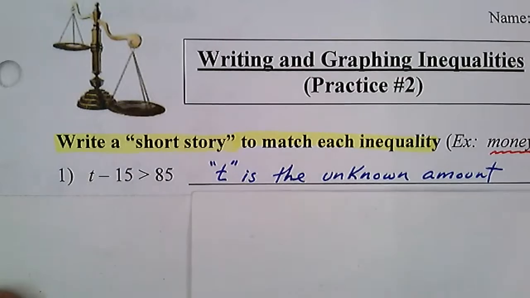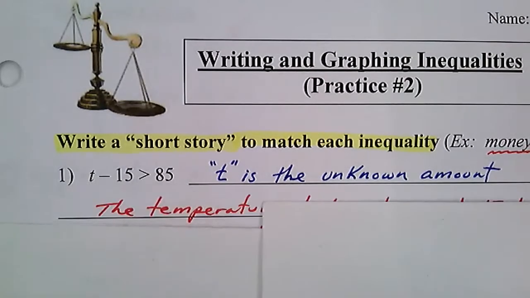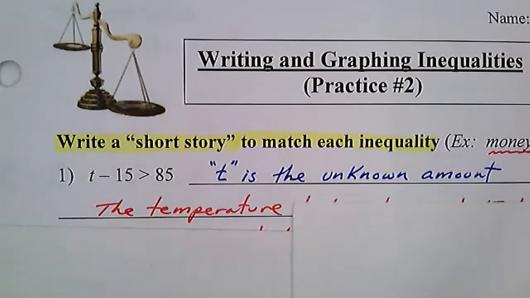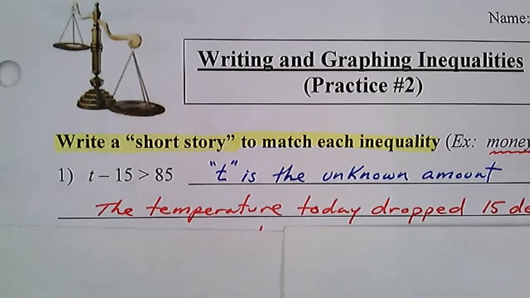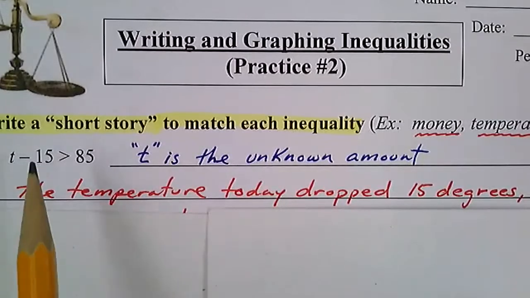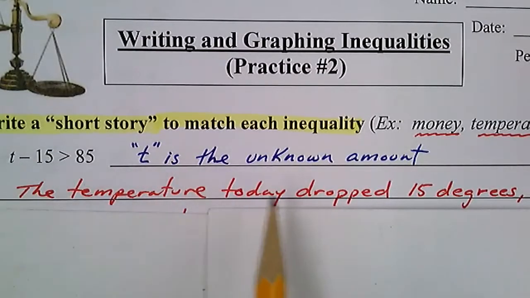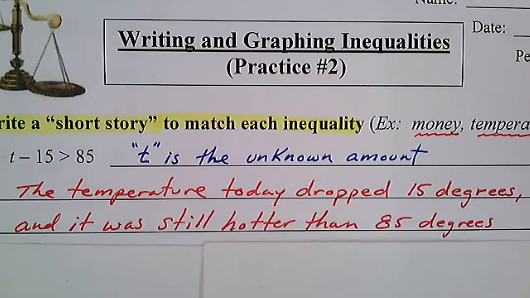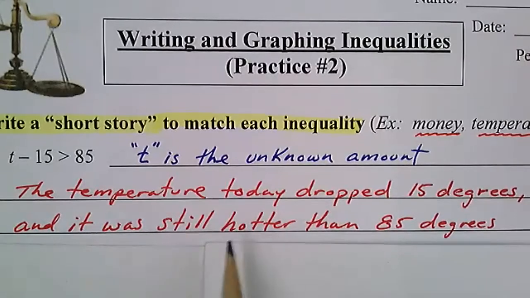So here's my little story. The temperature, that's my T, the temperature today dropped 15 degrees, minus 15. So the temperature, we don't know what it is, that's the unknown amount, dropped 15 degrees, and it was still hotter than 85 degrees, right?